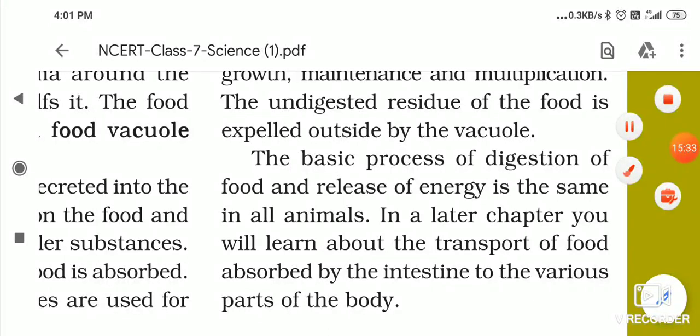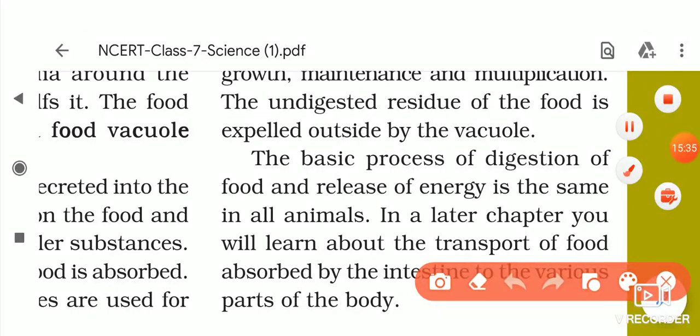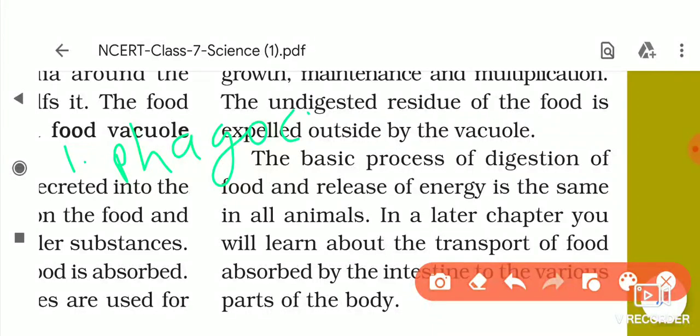Now, there are two processes in amoeba. First is phagocytosis, and second one is pinocytosis. What is the difference between the two?